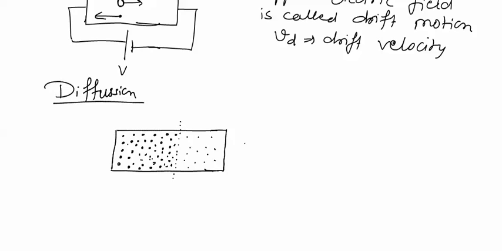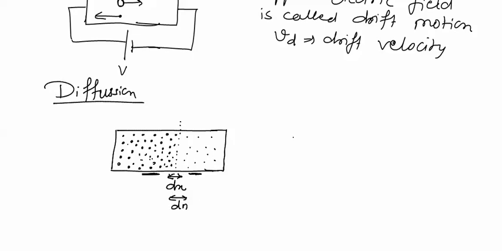By observation, it can be clearly seen that the electron concentration on this side is far greater than on this side. If we move a very small distance dx from this point to this point, there is change in electron concentration dn.